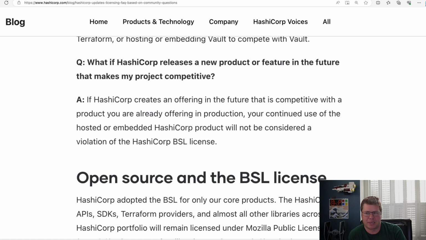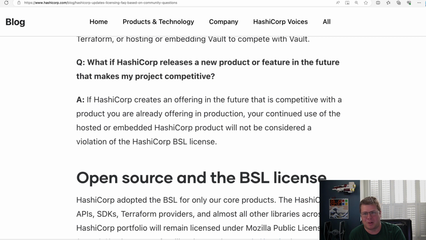So let's say I'm a craft brewer, and I make beer. HashiCorp doesn't make beer. I can use Terraform to provision my beer selling service, right, of my craft brewery.